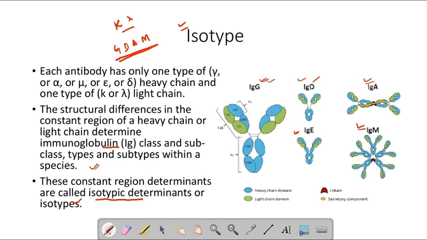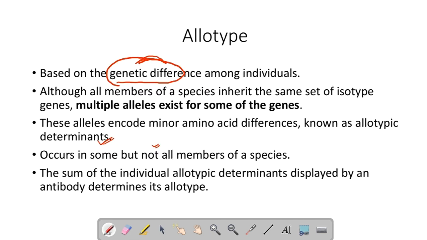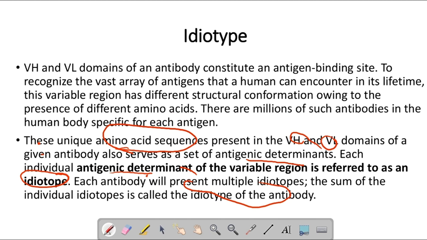This is how we can understand the different types of antigenic determinants. The first one we have studied is isotype. Isotype is because of the structural difference in the constant region of the heavy chain or light chain, which determines immunoglobulin classes, and these constant region determinants are called isotypic determinants.